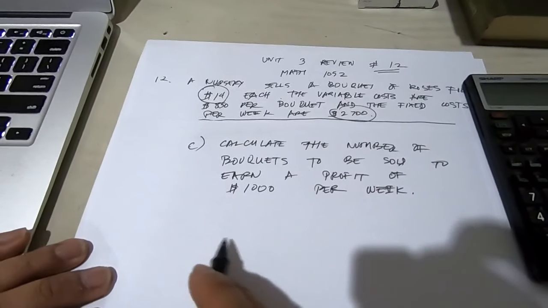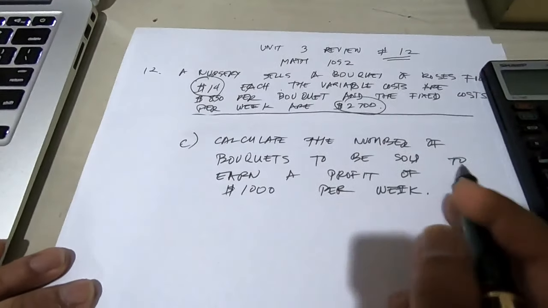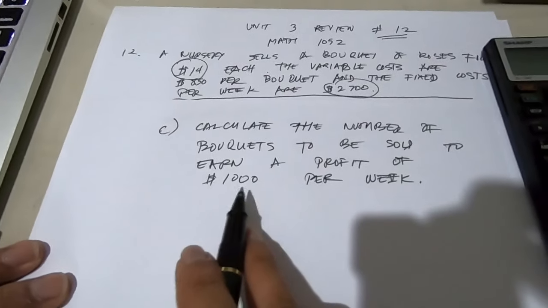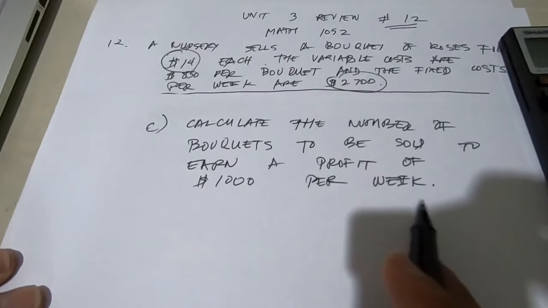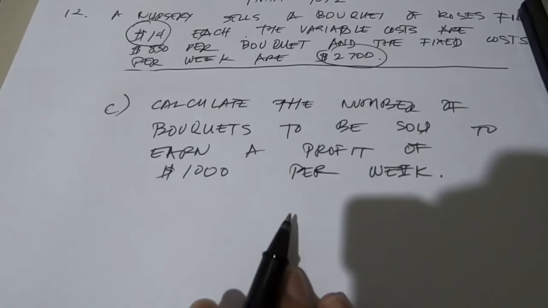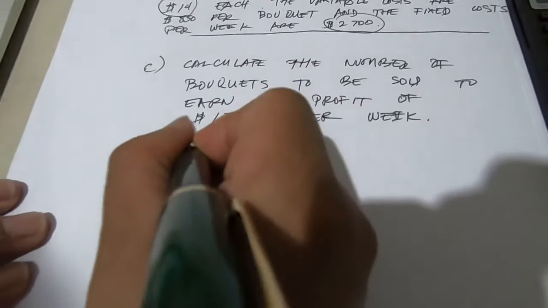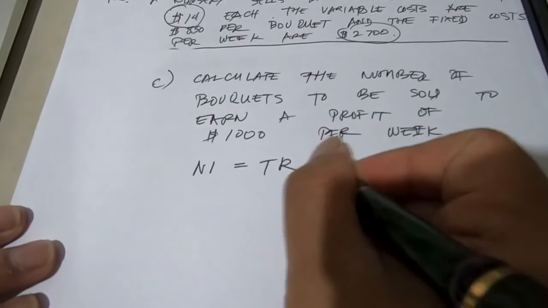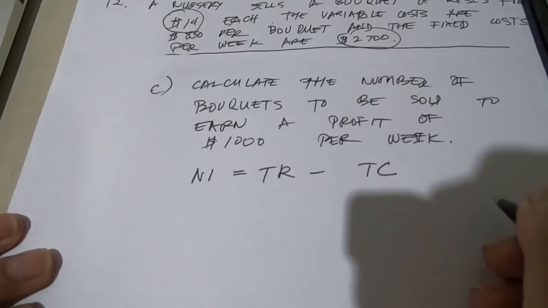All right, now part C of the problem is as follows. Calculate the number of bouquets to be sold to earn a profit of $1,000 per week. Now this problem, again, is not break-even, but a net income problem. Right, so we get the net income formula. Net income equals total revenue minus total costs.